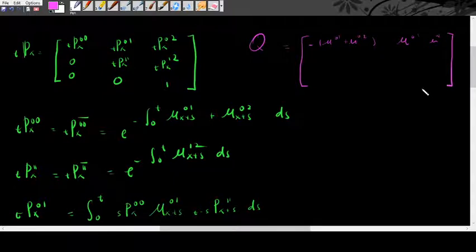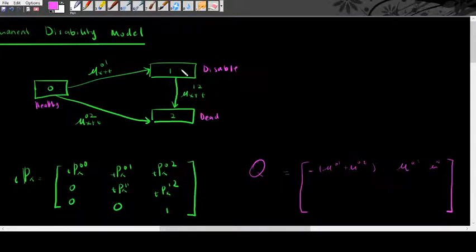Then tPx11, remaining in 1, means that you are not going to 2, because from state 1 you can either remain here or go to state 2.